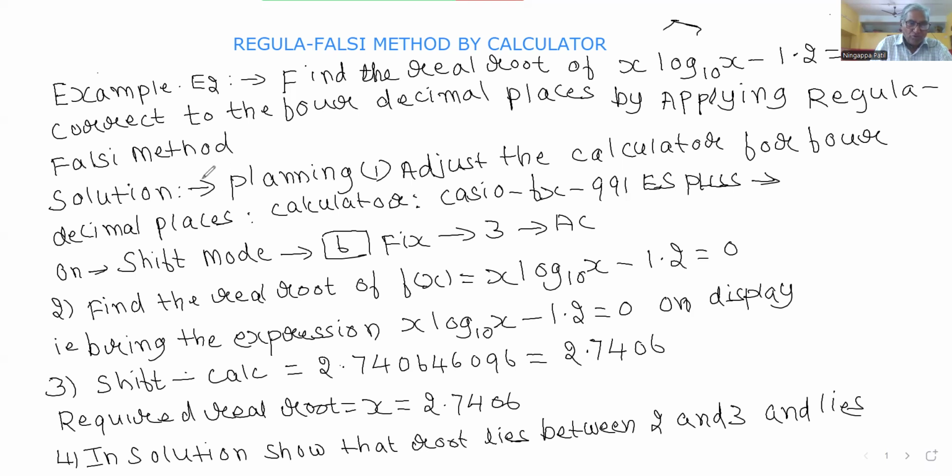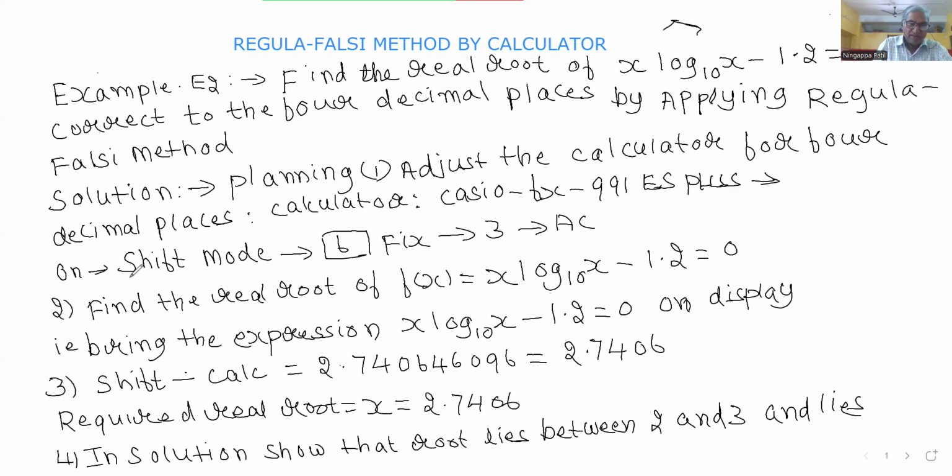Solution. Before giving the final solution, we have to plan. The examiner asked you for correct to 4 decimal places, so adjust the calculator for 4 decimal places. I am using the Casio FX 991 ES Plus calculator.